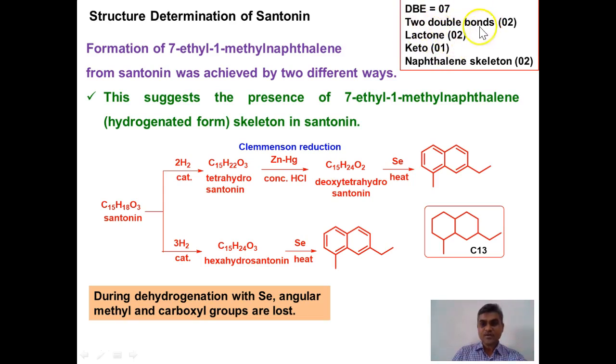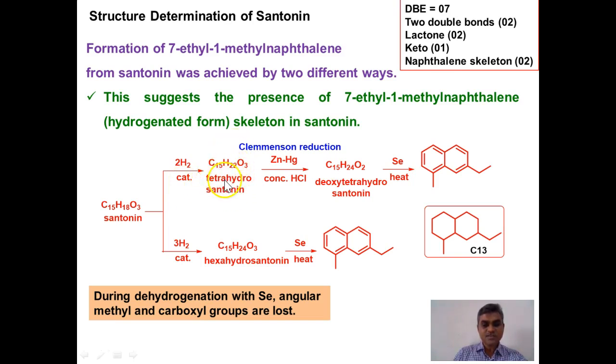To find out the positions of the double bonds as well as the ketone, some interesting experiments were performed. In one of the experiments, Santonin is reduced in the presence of a certain catalyst, and we get a tetrahydrosantonin.